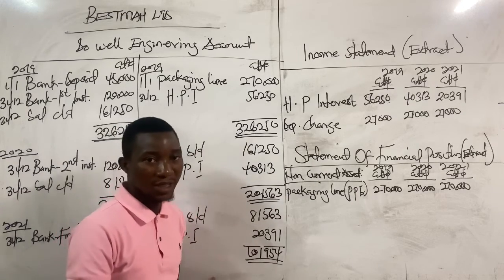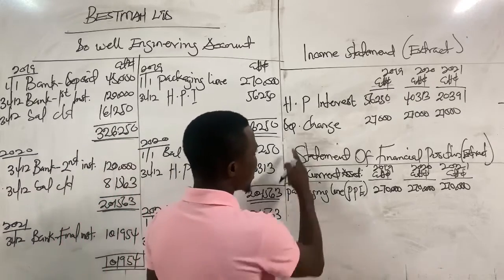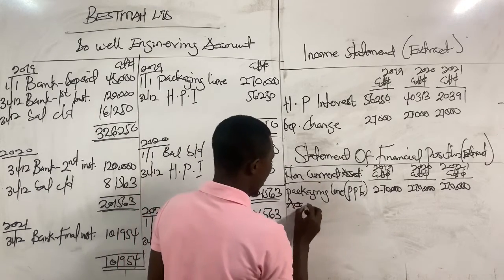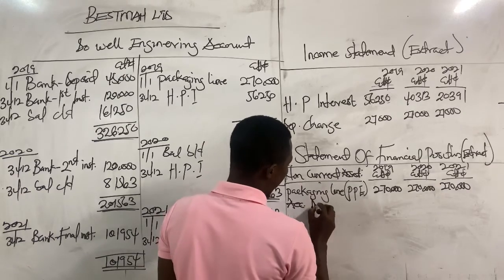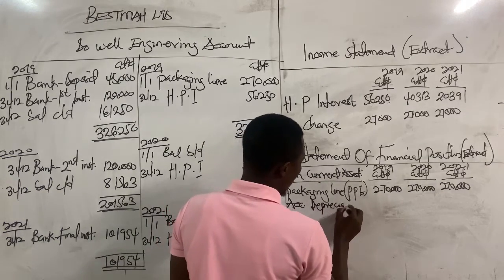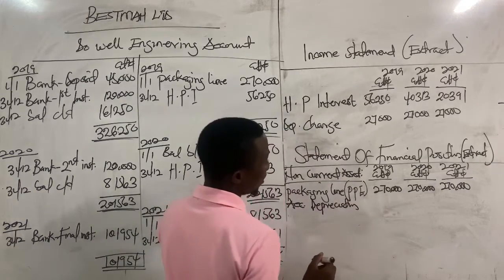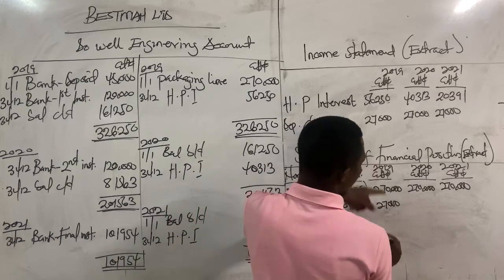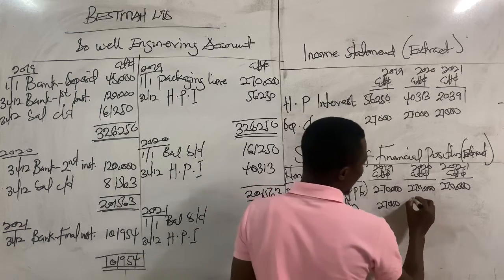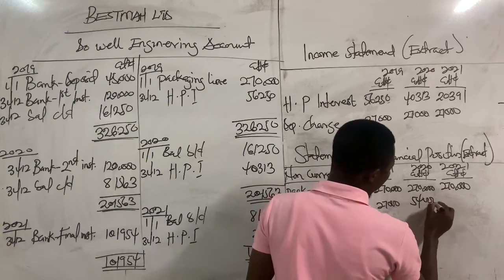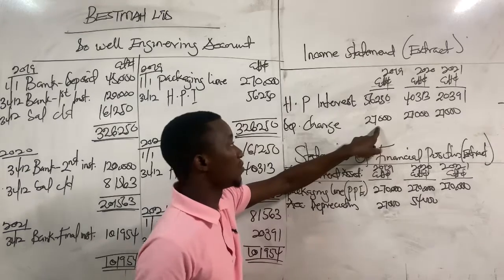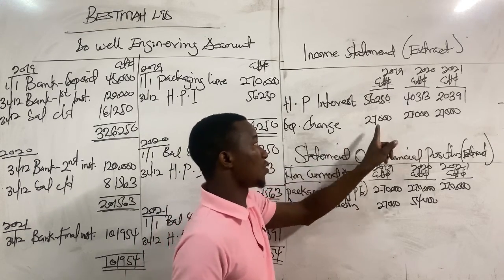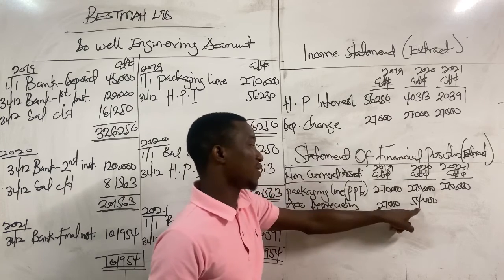Now we look at the annual depreciation. This annual depreciation will become the accumulated depreciation over here. So with the accumulated depreciation, you have 27,000, and adding the annual depreciation of 2019 to 2020 will give us 54,000.